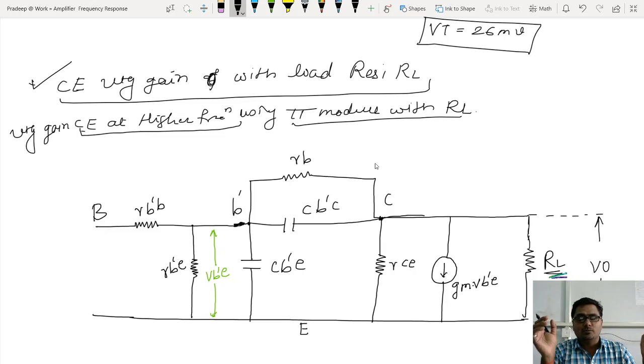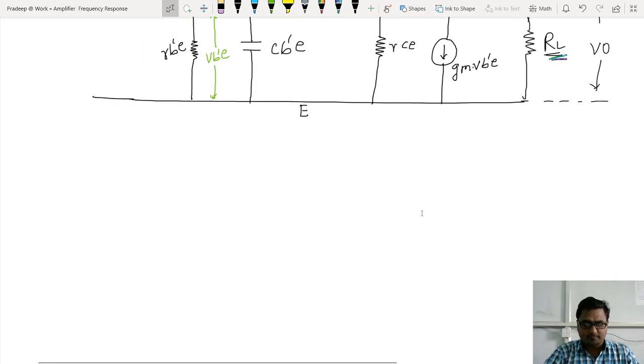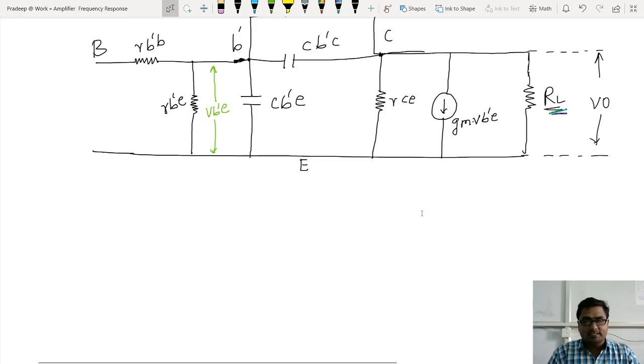Now my job is to calculate voltage gain. See, I have connected load resistor at the output. It means I am taking output voltage across the load. So that's what output voltage, and input voltage part is VB'E. Let us calculate the voltage gain.